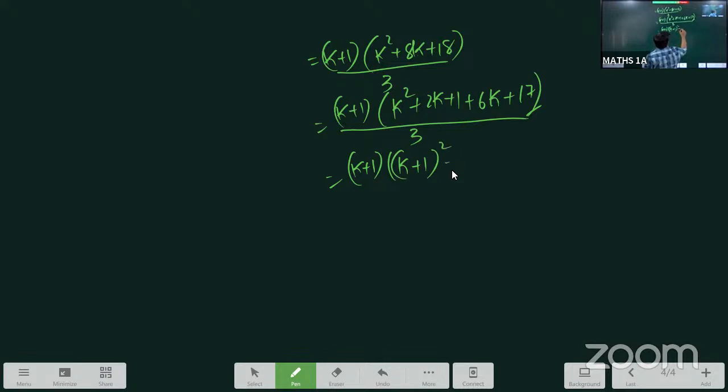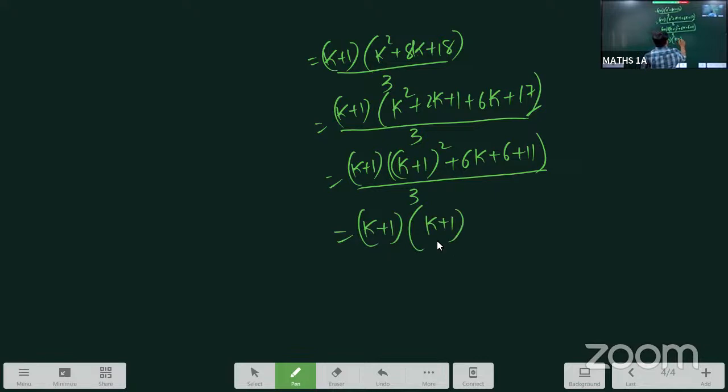This becomes, and 6k plus 6 plus 11 by 3. That is k plus 1 into k plus 1 whole square plus 6 common k plus 1 plus 11, divided by 3. See, in your RHS, wherever I am having n, I got k plus 1. That is only mathematical induction, right?